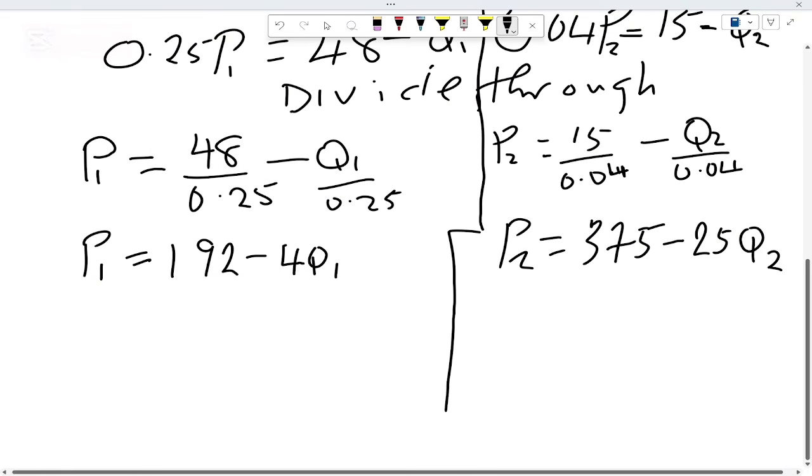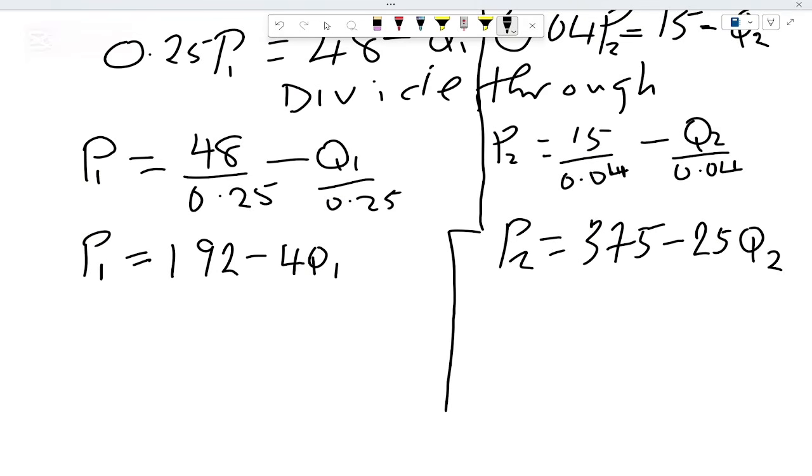So the plan is to have the demand function expressed in terms of P, and that is what you have done.